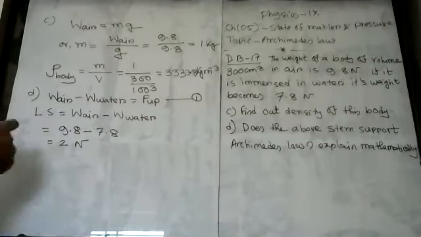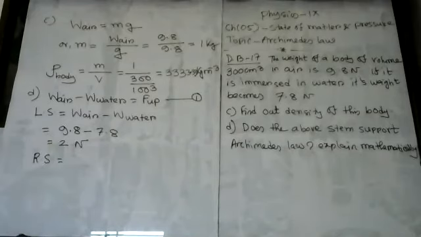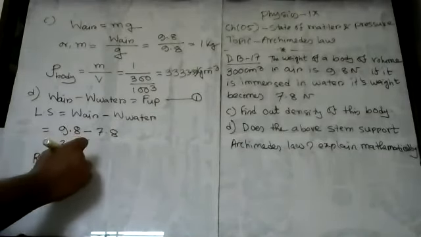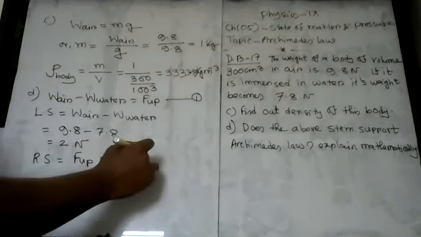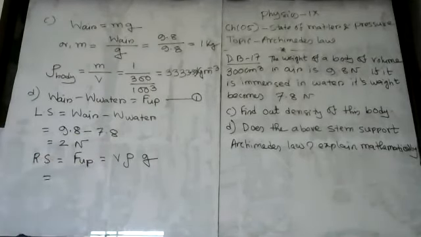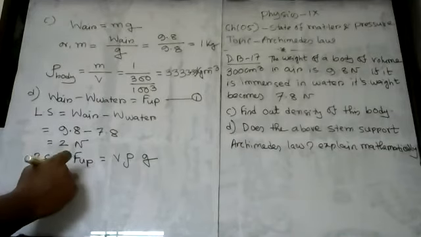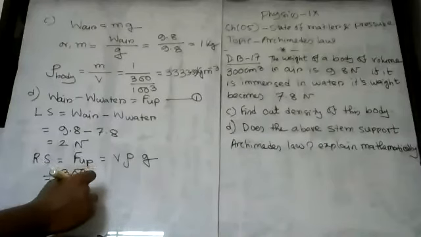Now put down the value at the right side and let's find out the buoyancy force or upward thrust. The upward thrust F equals V rho g. It is said in the stem that the volume of the body is 300 centimeter cube, so 300 centimeter cube divided by 100 cube.